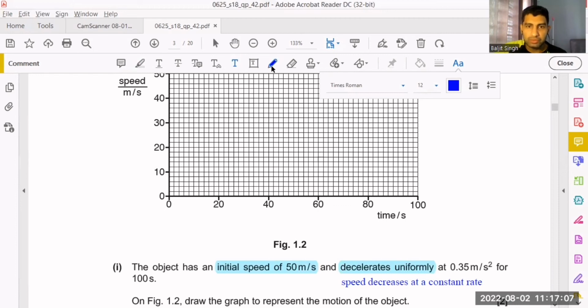So a student must always remember that whenever they give you the value of deceleration, deceleration is equal to negative acceleration. So you have to bear this in mind.